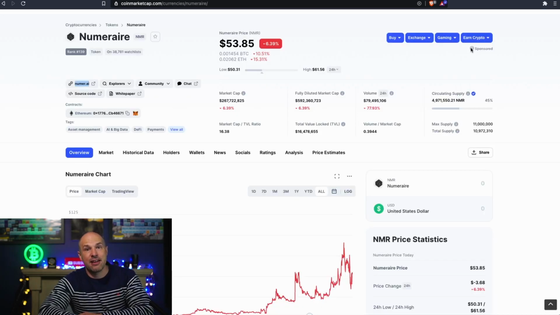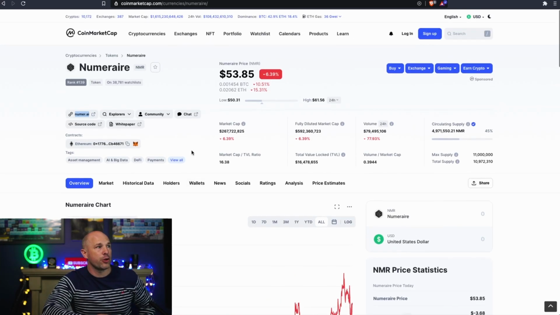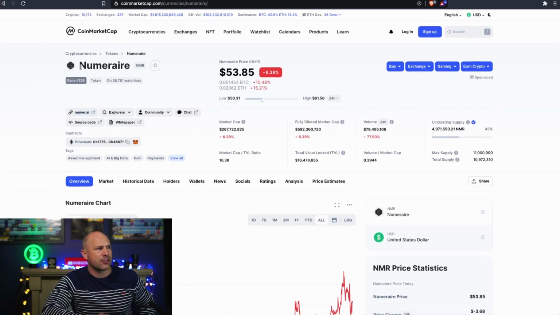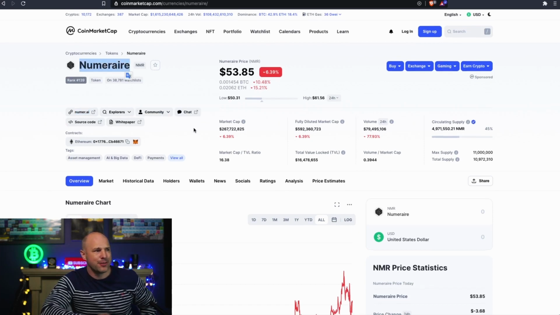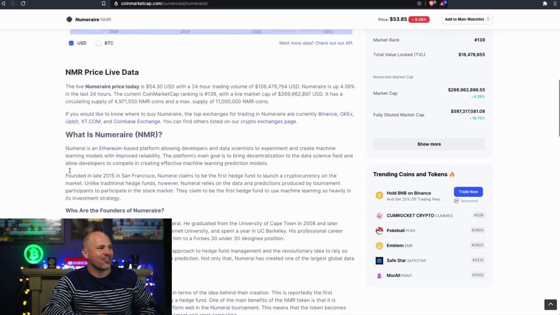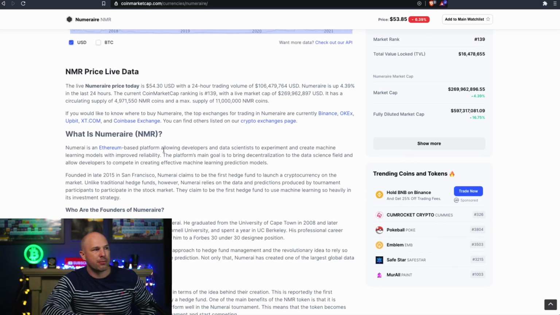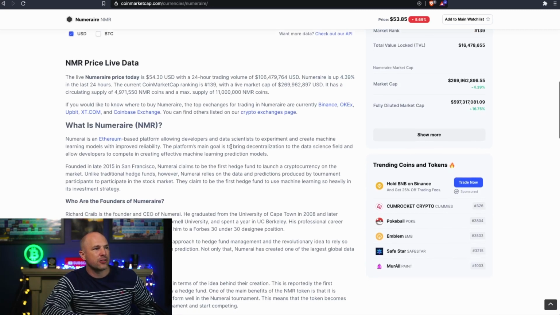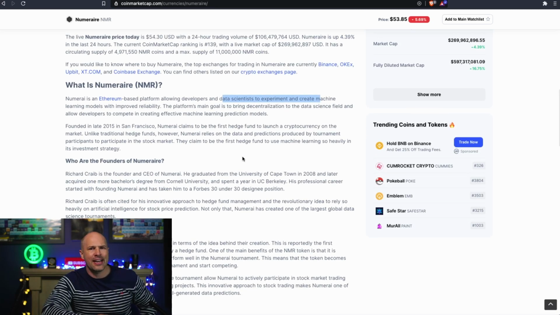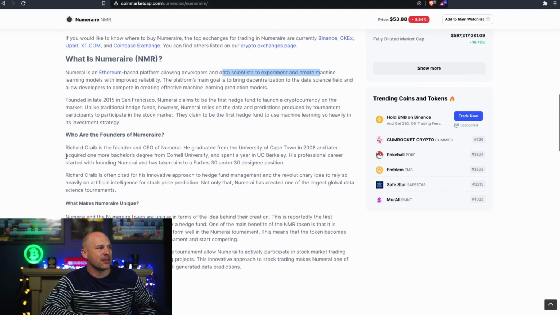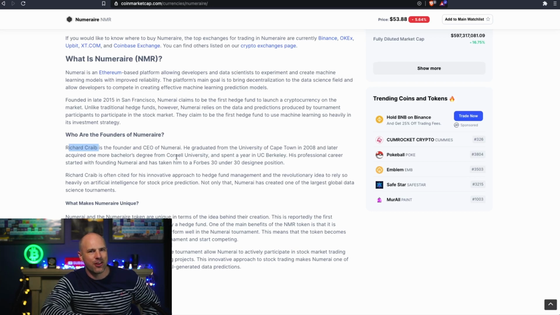And as I say, I'd never actually heard of it before, so I was just checking it out over on CoinMarketCap here, and I found it's called Numeraire. And as we go down, we can see that it's an Ethereum-based platform. It's something to do with data science experiments, machine learning, AI, and all that type of stuff. But really not just that. It's by this guy called Richard Craib, who's the founder and CEO of Numerai.